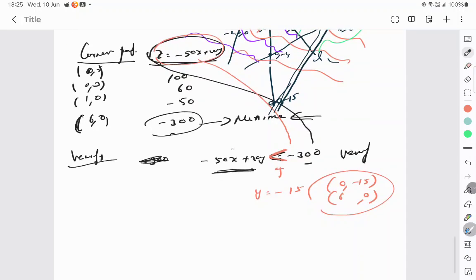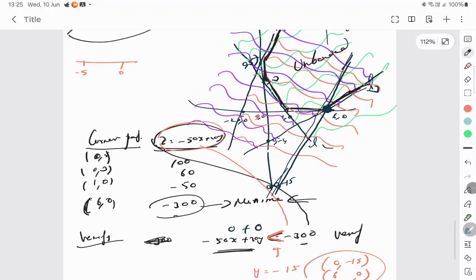And shade this portion. Put 0 and 0: is 0 lesser than minus 300? No. So the origin side should not be shaded, the other side should be shaded, and I'm getting this part in the first quadrant, an intersection part. There is a common region, and when I shade this, there's a common region which goes through the feasible region.